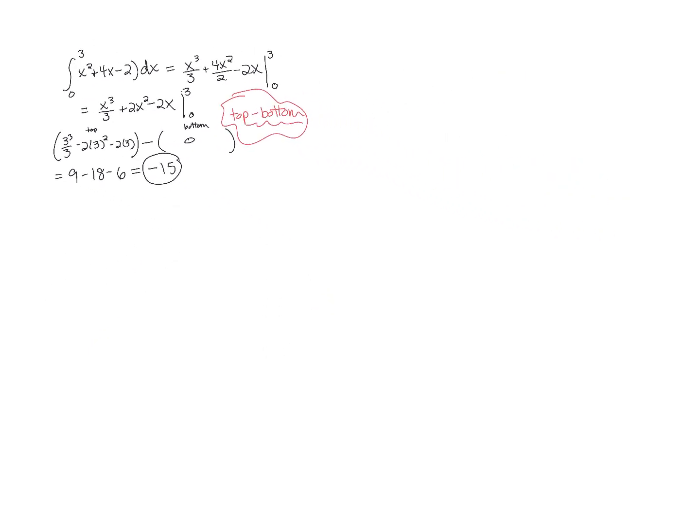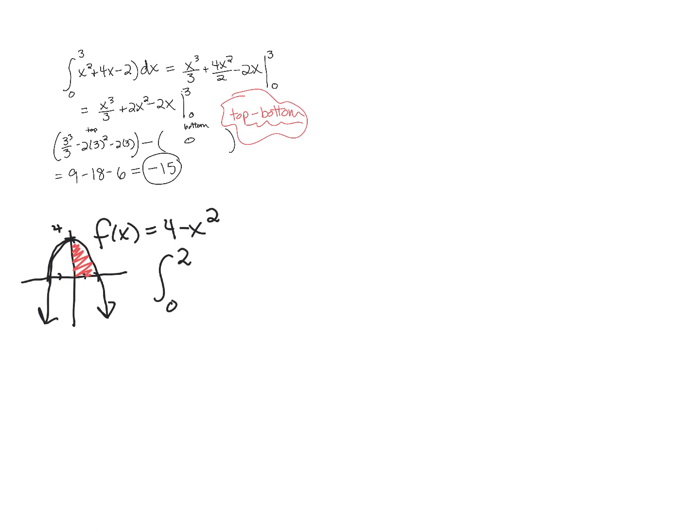Now let's do a real area problem. A lot of the problems in your homework have the graph. Let's look at this guy right here. This is 4 minus x squared. First thing we want to find is that area right there. So we're going to integrate from 0 to x equals 2.